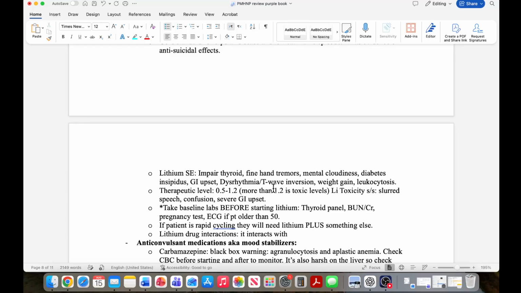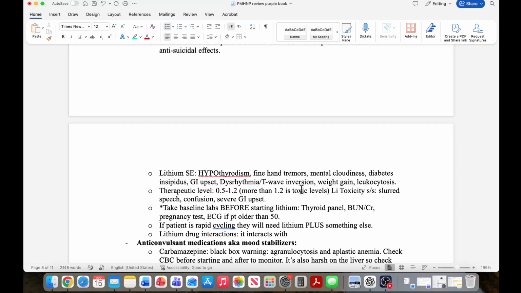So here you can just put hypothyroidism, because just writing that it affects the thyroid is not very helpful. So hypothyroidism, because it interferes with the thyroid levels. All right, I think that's about it when it comes to these meds.